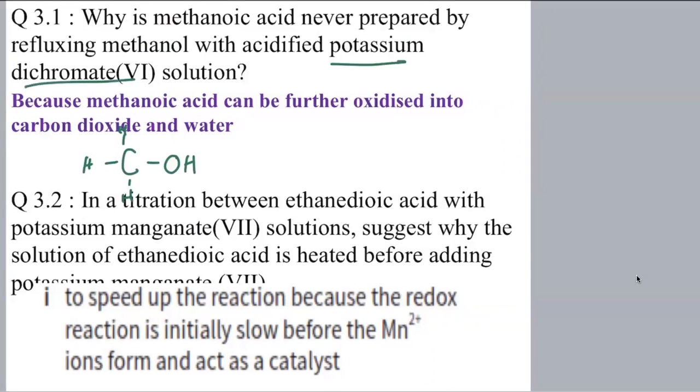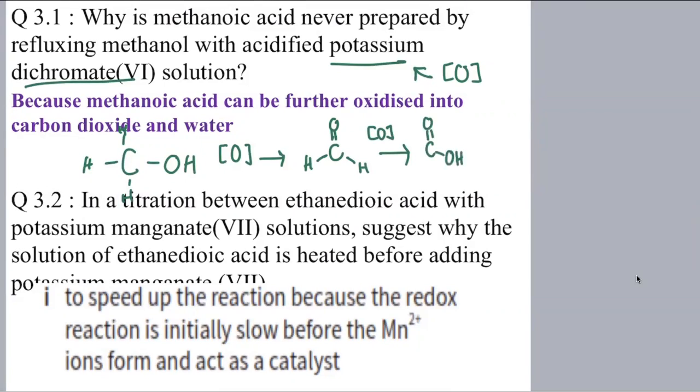Now, acidified potassium dichromate is an oxidizing agent, okay? When we oxidize our methanol, it will first form methanal, and then it will be oxidized further into methanoic acid.